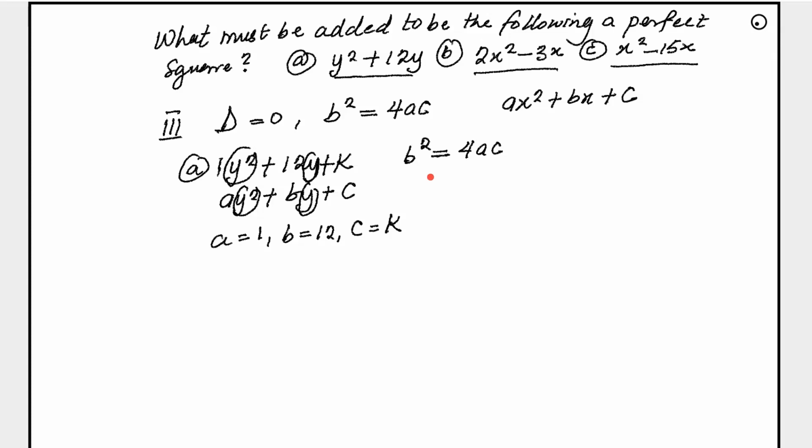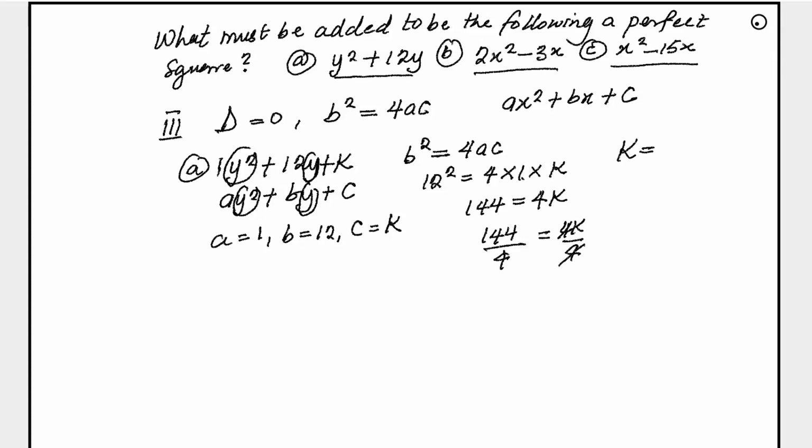So what is b? b is 12 squared, is equal to 4 times what is a? 1. What is c? k. 12 squared is 144, is equal to 4 times 1, 4 times k, 4k. So I'm looking for k, I will divide by 4, right? This cancels this. So k is equal to 144 divided by 4.